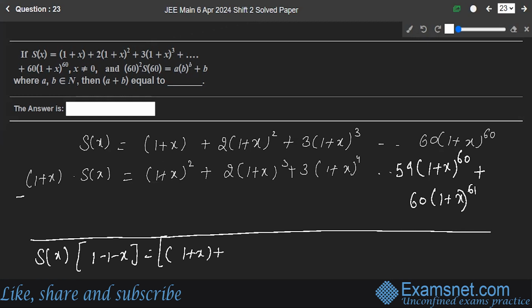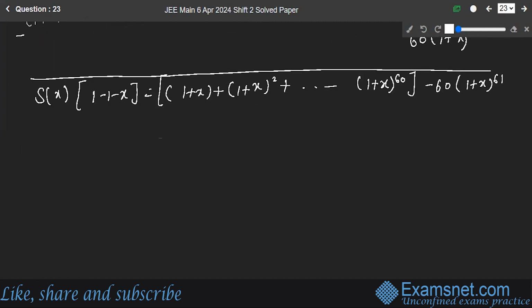That's equal to (1 plus x), (1 plus x) squared, and so on, till (1 plus x) raised to power 60 minus 60 into (1 plus x) raised to power 61. Hope you're clear.